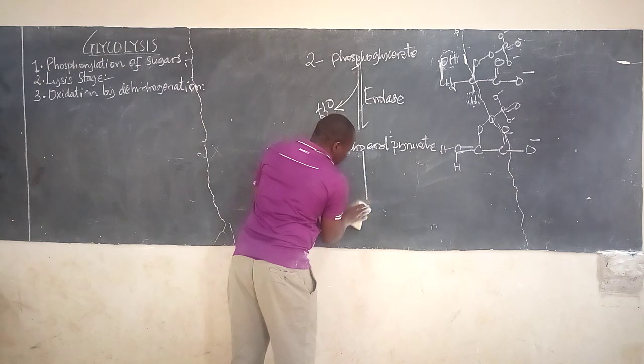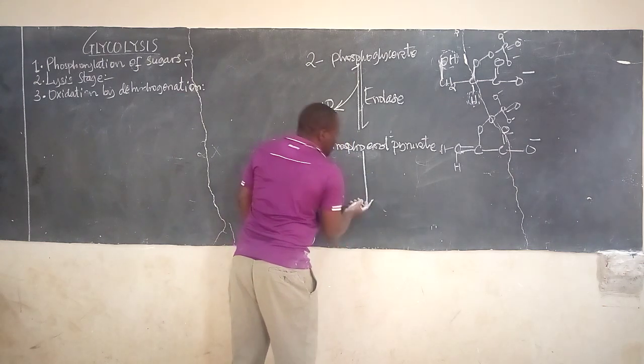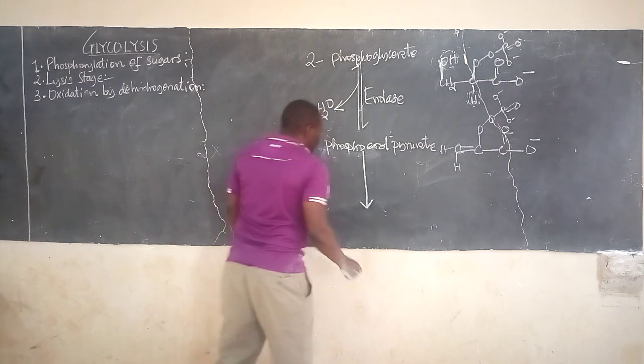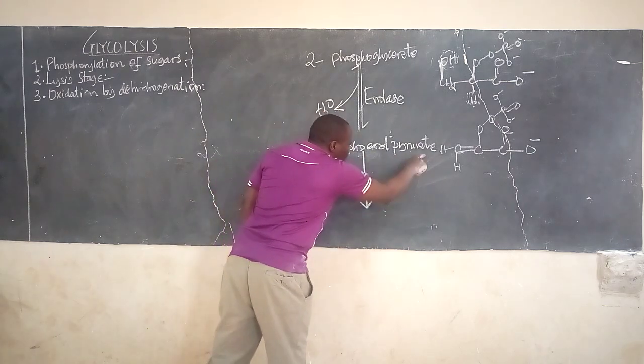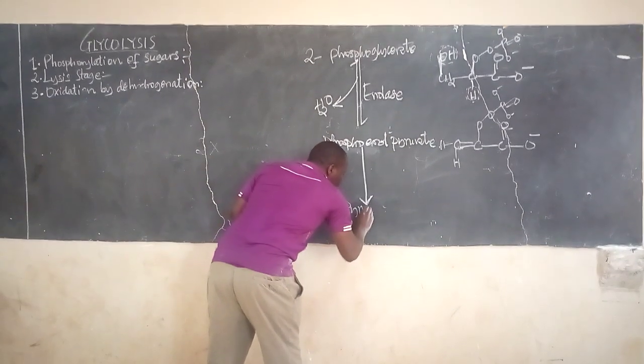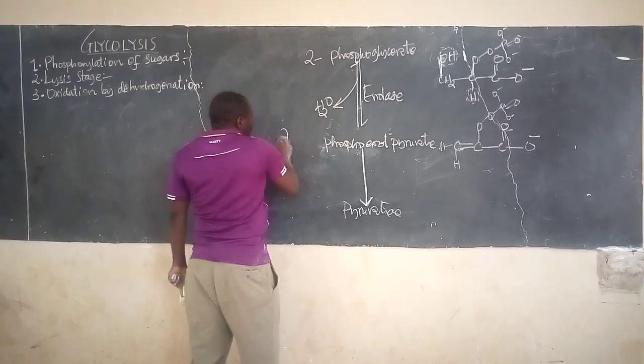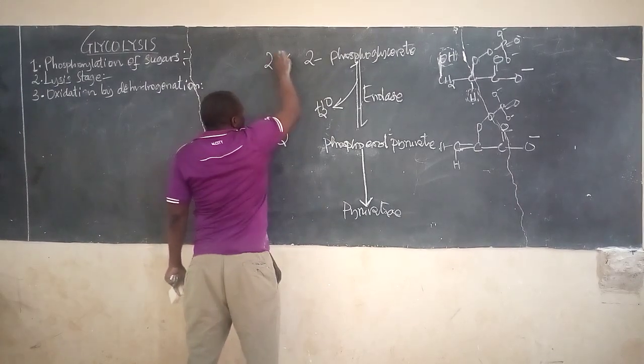Then our last stage now, which we don't require to write as a reversible reaction, because the last stage is not reversible. Phosphoenolpyruvate now is going to change directly into pyruvate. Make sure that you don't forget writing times 2, even here.